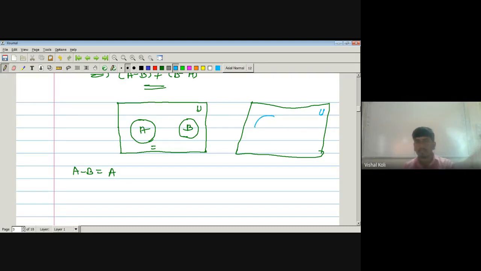Suppose this one is the set A and this one is the set B. This is A, this is B. Now we have to find out A minus B. This will be a portion.